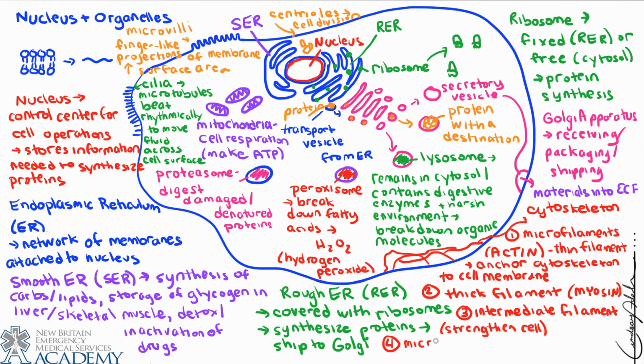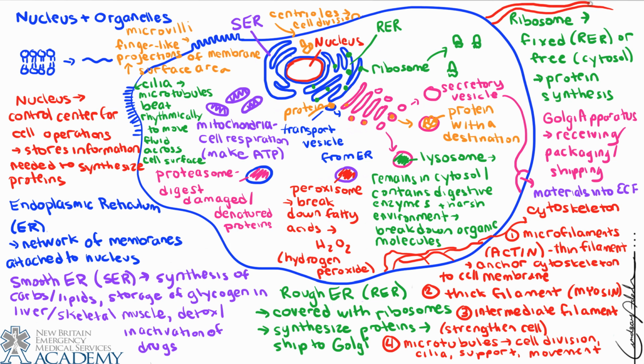And microtubules, which are responsible for many things, including cell division, they make up cilia, they're responsible for supporting the cell, and they're responsible for movement of certain materials within the cell from one part of the cell to another.